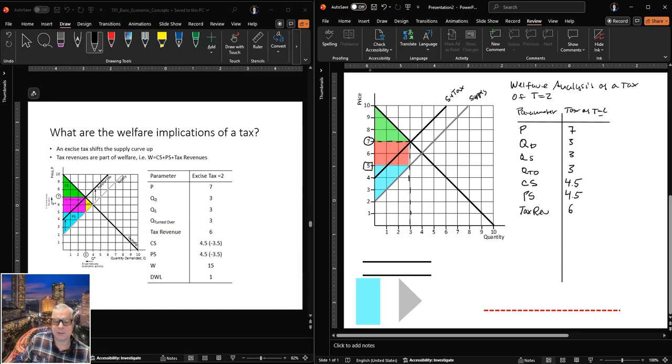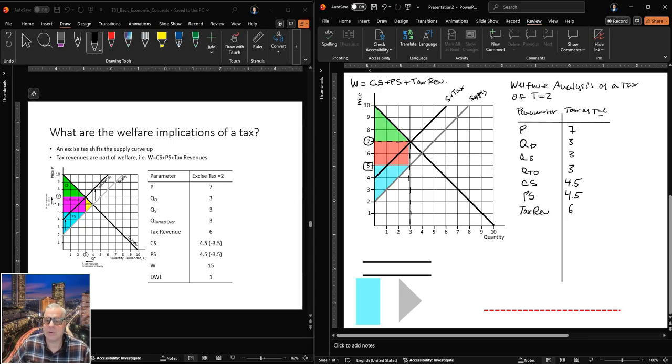So now when it comes to total surplus or welfare, we say welfare is equal to consumer surplus plus producer surplus, but also plus tax revenues. So that is also part, because it used to be consumer surplus, but now it's being turned over basically to the government. If the government wants to, it can give it back, but it's not being lost.